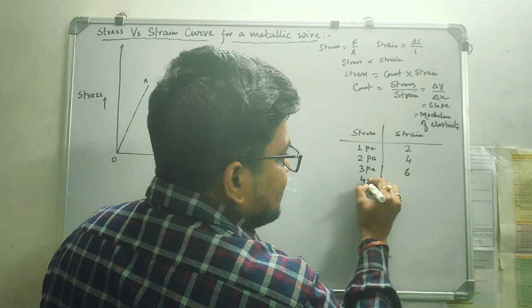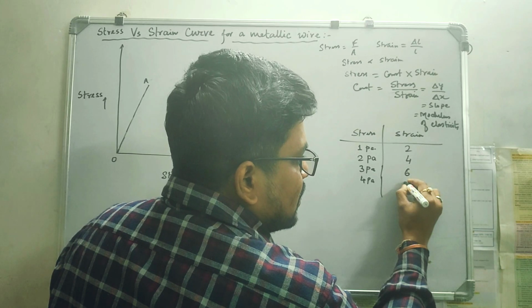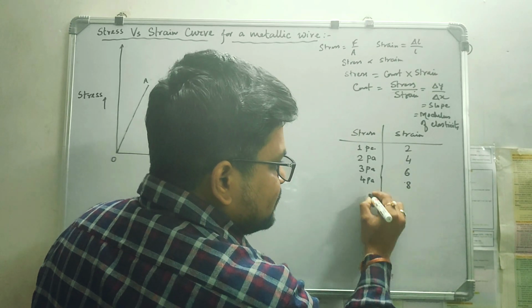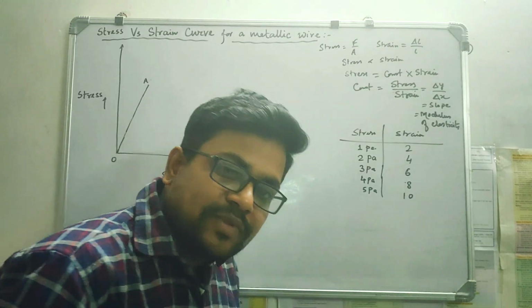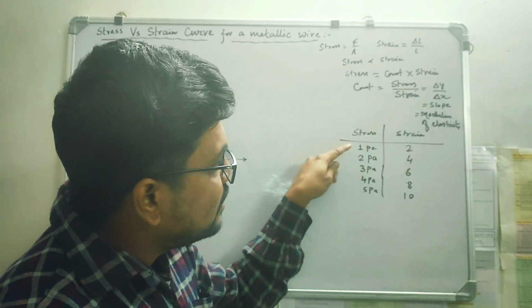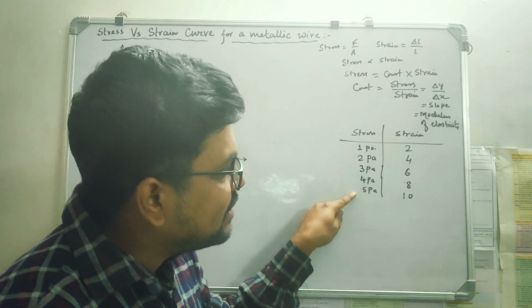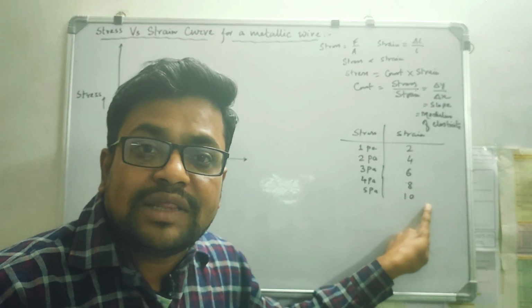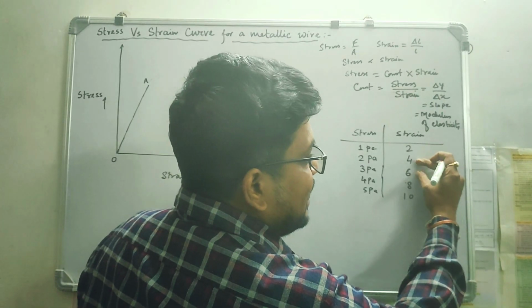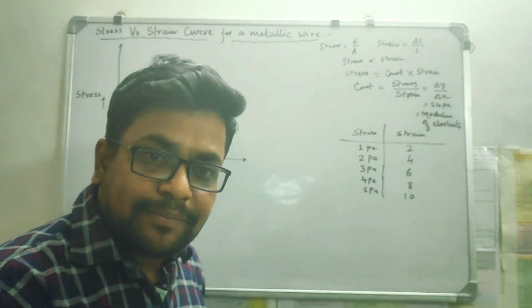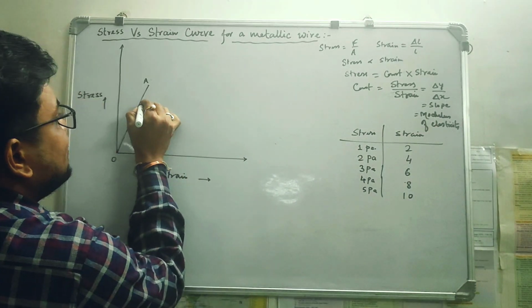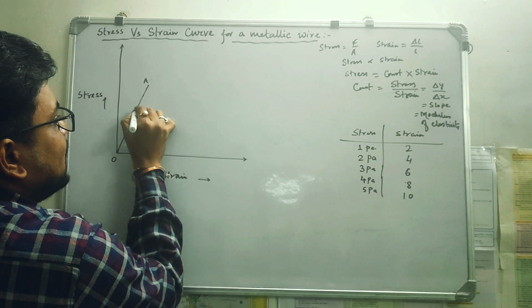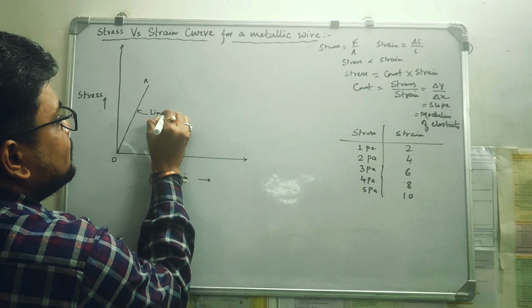For 4 Pascal, let us assume it is 8, and for 5 Pascal, it becomes 10. Whenever I increase the stress, the strain also increases, and the gap is the same each time. That means it is a constant, straight line graph, a linear graph.